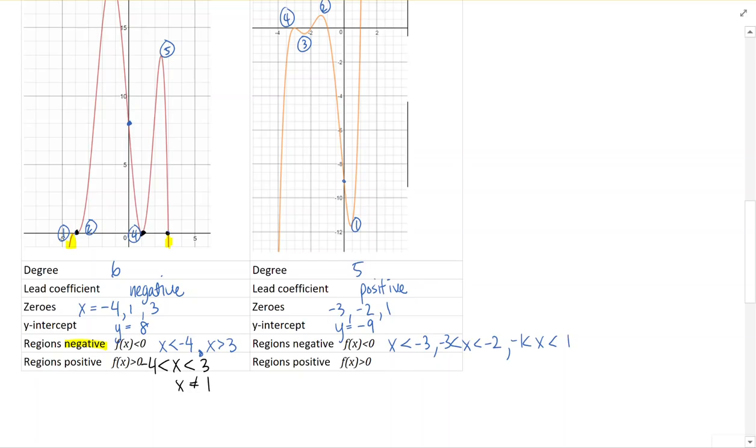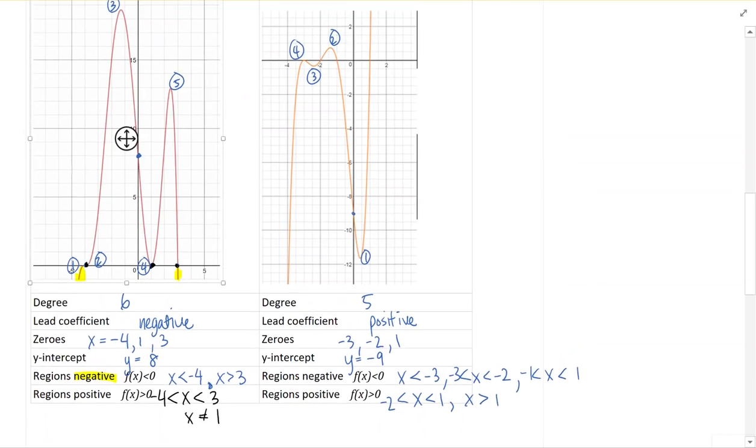Regions where it is positive is when x is between -2 and 1, and also when x is greater than 1. Okay, so that's just some information we know about these graphs.